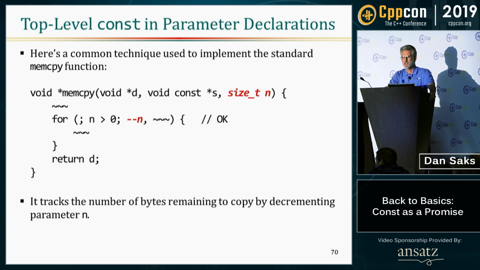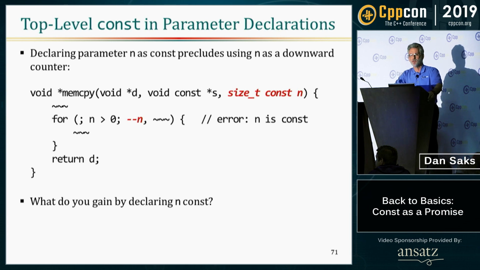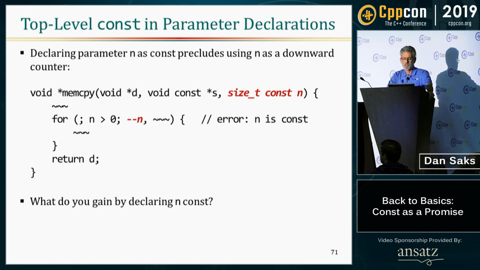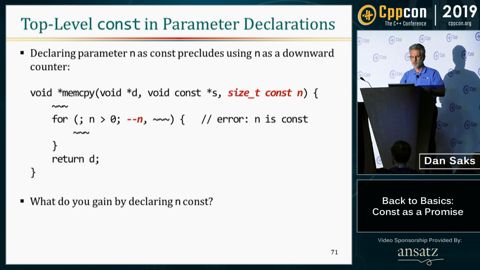And it's a common idiom to implement this by decrementing n inside the function. So what's the consequence, for example, of putting const there? What it does is it renders this particular programming style invalid. You're now obligated to copy n to another local variable in order to be able to decrement it. I'm not sure you gain much by doing that.